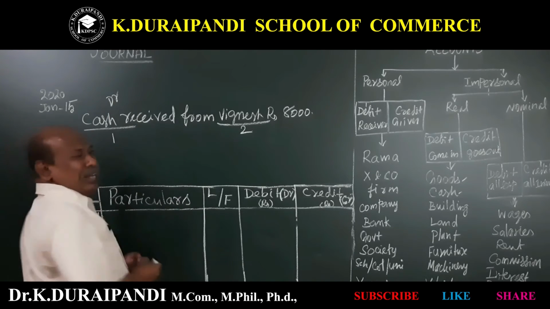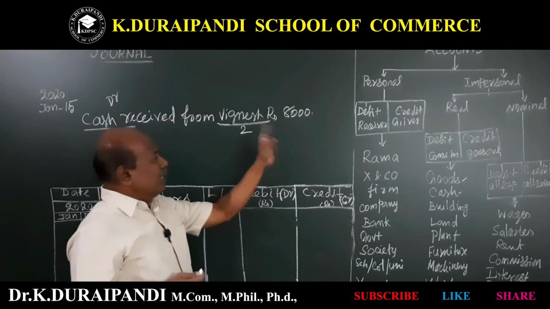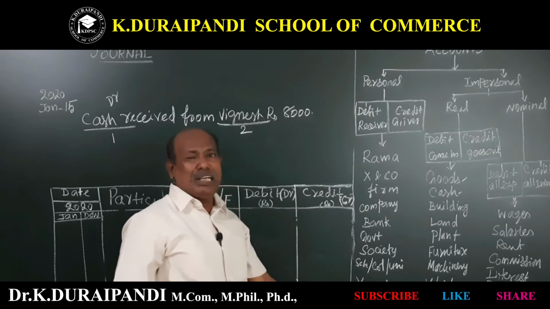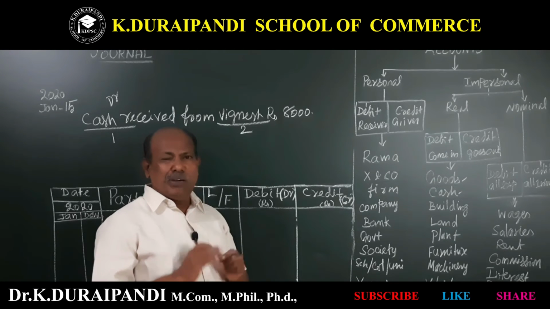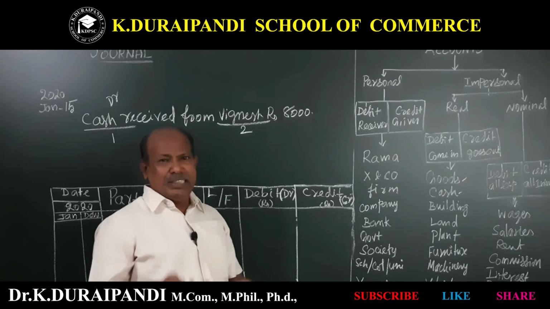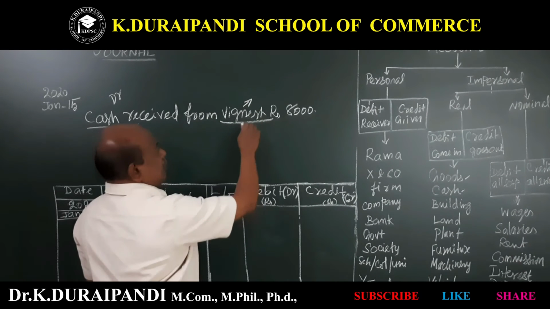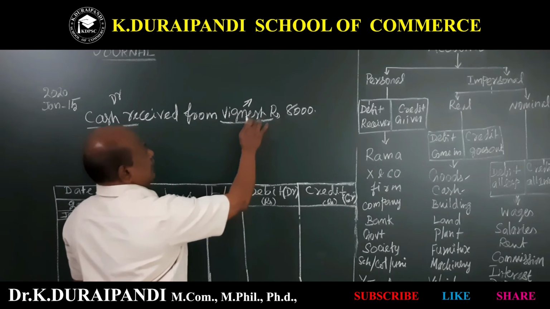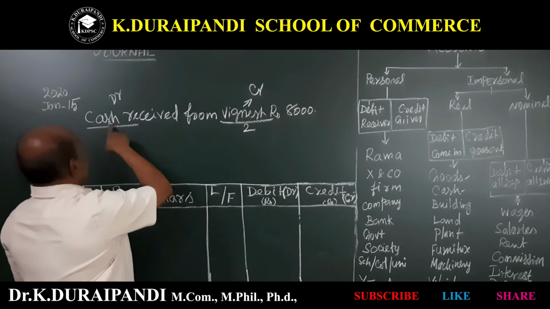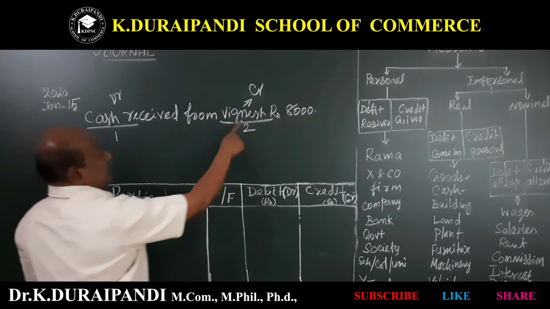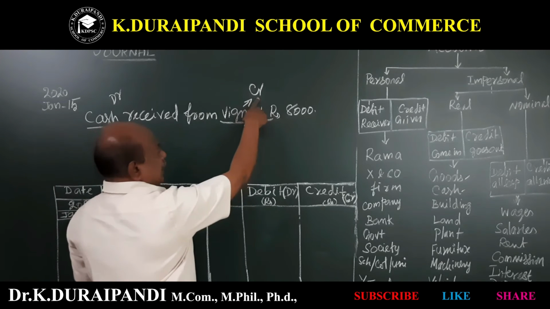It should be debited. Then Vignesh is a personal account. According to personal account, the rule is debit the receiver, credit the giver. Cash is given by Vignesh, so credit the giver. So cash account should be debited, Vignesh account should be credited.